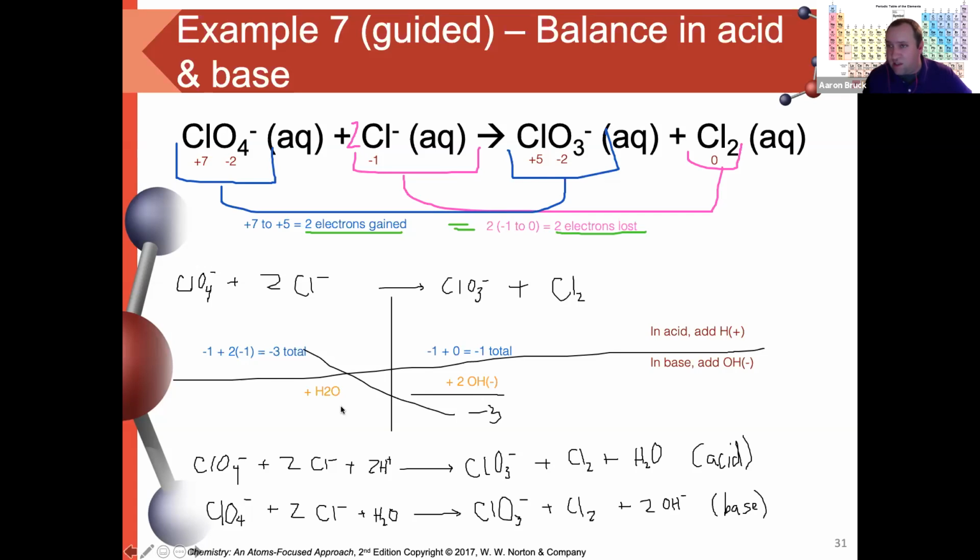It's just getting to that spot. That's kind of the more difficult part. You really have to have your oxidation numbers down. You have to be able to set it up correctly. And so that's where you can really run into problems, and that's where a lot of people can end up struggling with this. Any questions here about example 7?